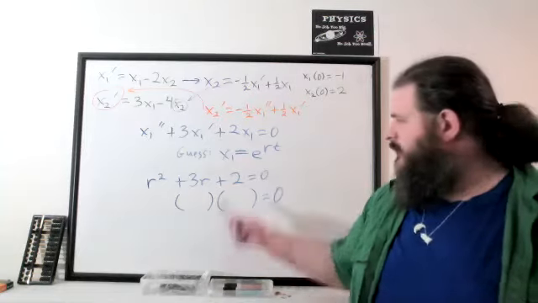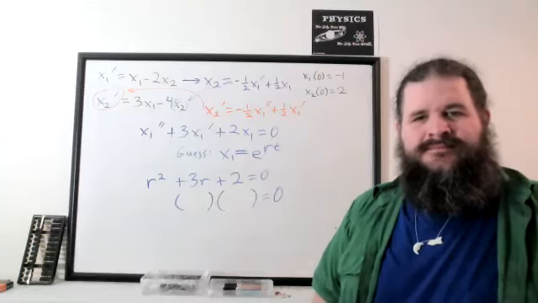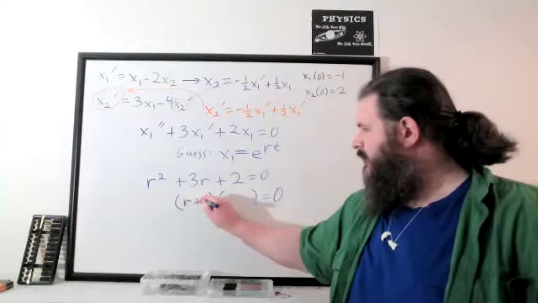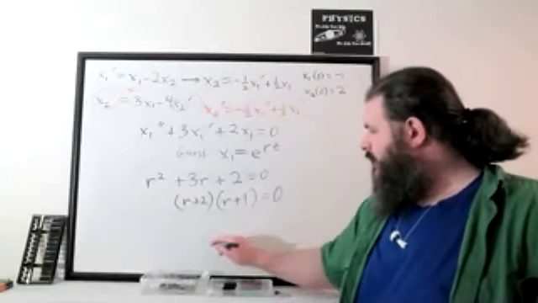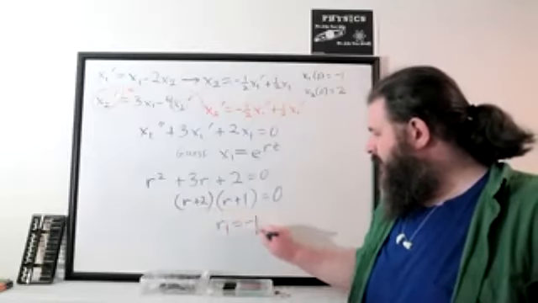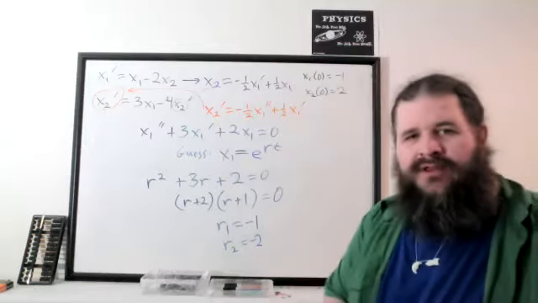Do we have numbers that multiply to 2 and add up to 3? Yeah, r plus 2 times r plus 1 should work fine. So our r values would be -1 and -2. Let's say r1 is -1, r2 is -2. And that gives us our solutions.